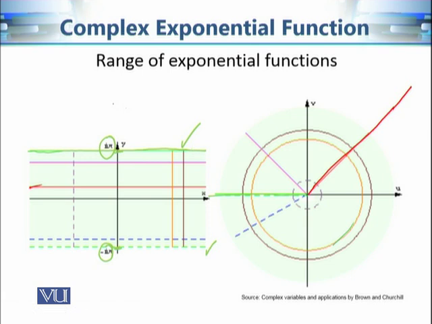So the output is going to be the same, because we know that whenever there is a difference of 2 pi, the values are going to be repeated.